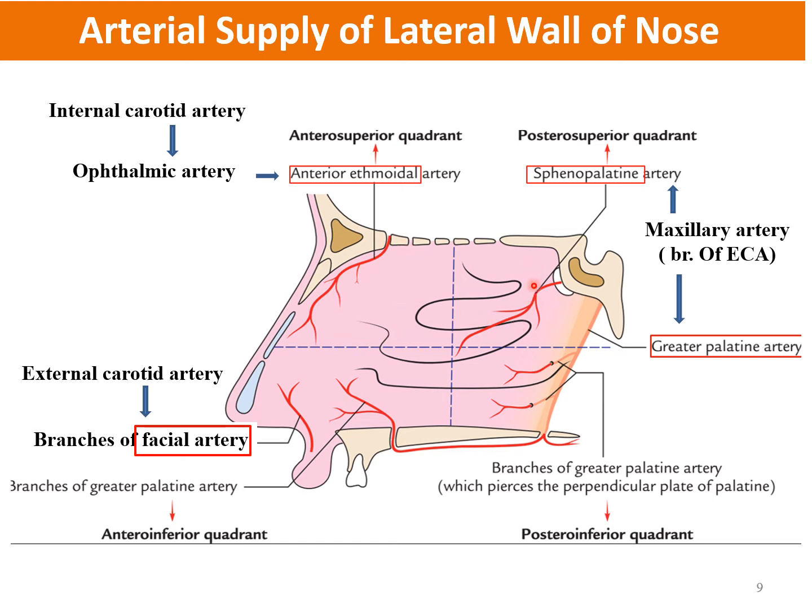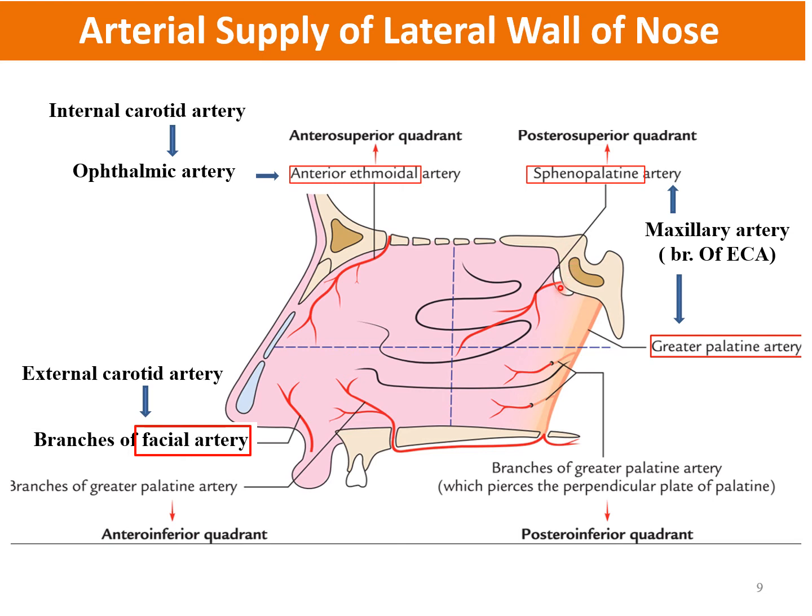When we come to the posterior quadrants, the superior as well as inferior, we have to remember that they will be coming from the branches of the maxillary artery. And as I told you when we were looking at the bones that form the lateral wall of the nose, there is a foramen here, the sphenopalatine foramen.